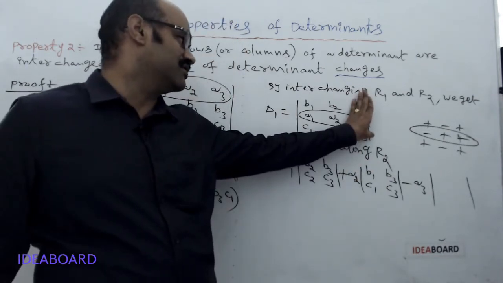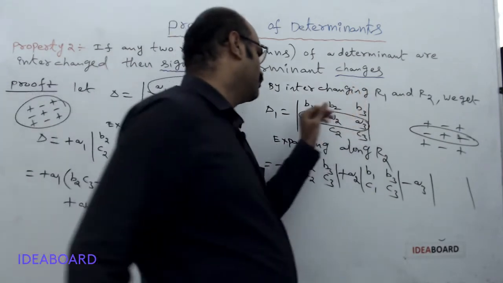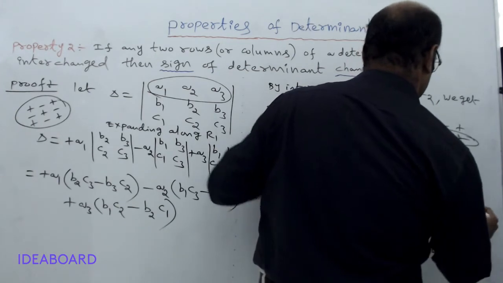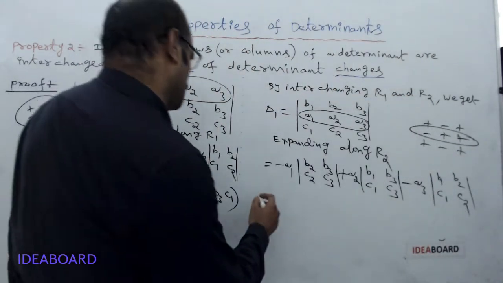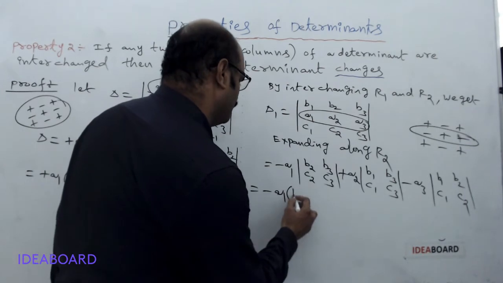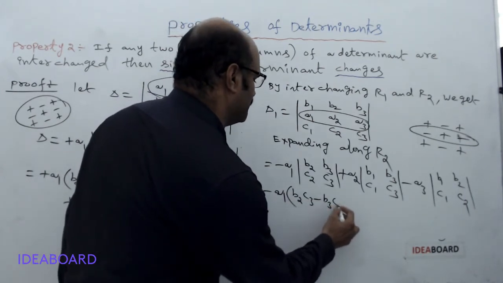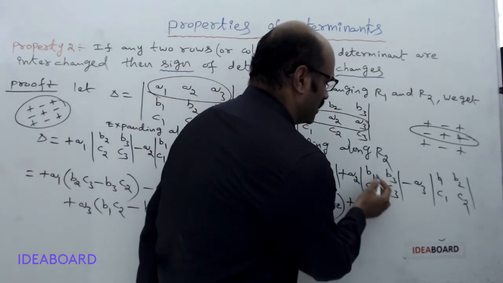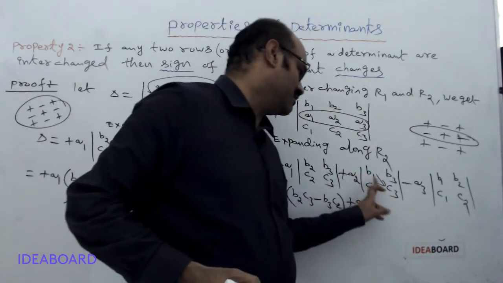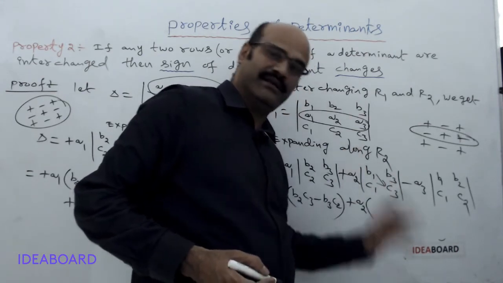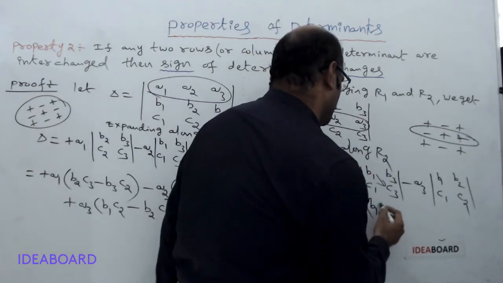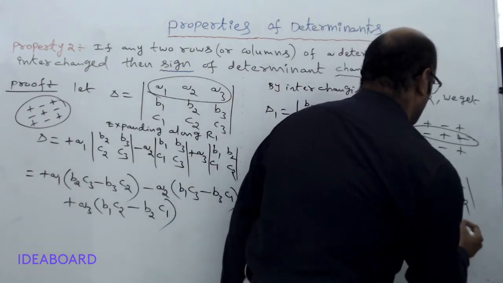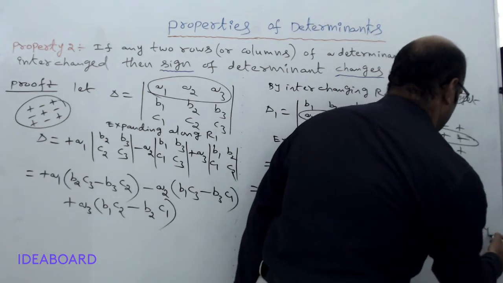Close this third column and also the second row. Then the 4 elements are B1, B2, C1, C2. Now it is equal to minus A1 into B2, C3 minus B3, C2, plus A2 into the product of the diagonal elements minus the product of the off-diagonal elements, B1, C3 minus B3, C1, minus A3 into B1, C2 minus B2, C1.